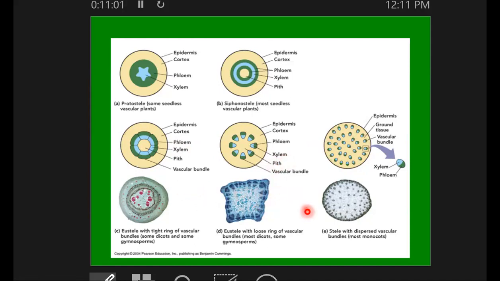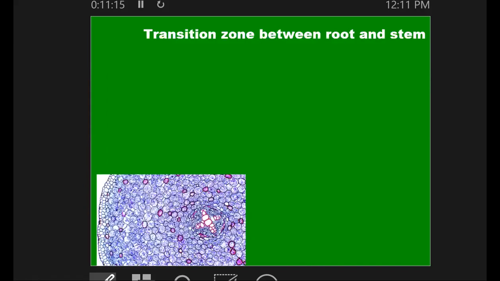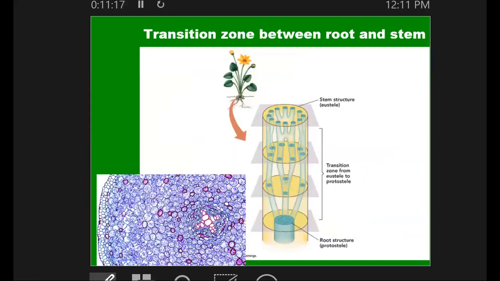So we have to think about this: the dicot stem is a ring, but the dicot root was that plus configuration in the center of the root. So this image really solved it for me.